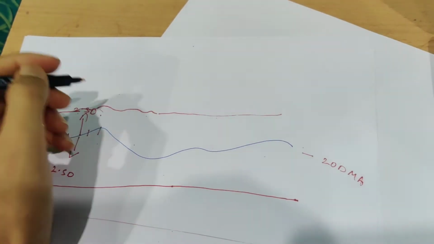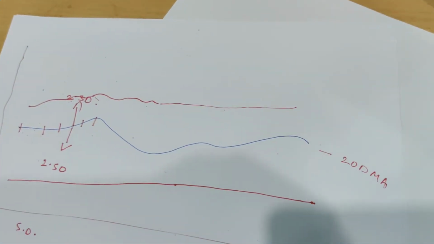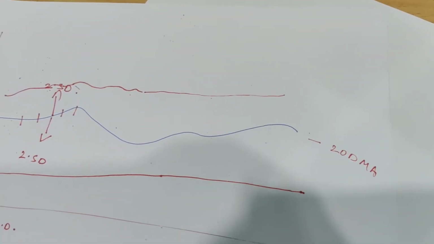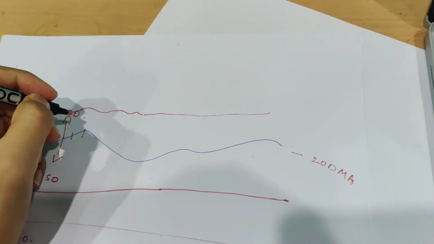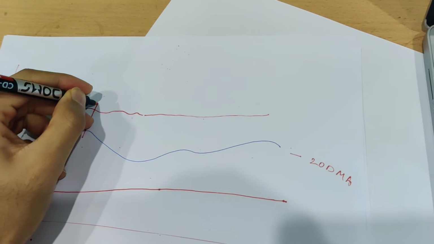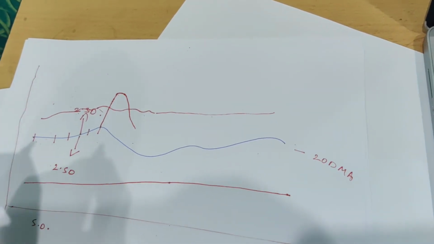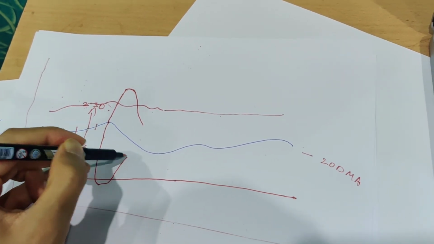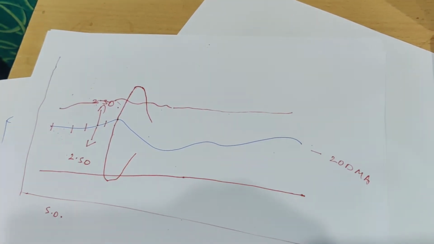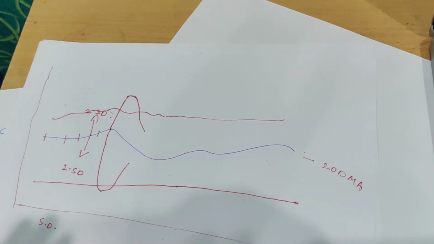What is the importance of this 20-day moving average is that there is a general consensus that price always sticks to it. On any time frame, if you look at any stock or any index, whenever price goes beyond the 20-day moving average, after some point it will come back to the moving average, and if it is going below the moving average, after some time it will come back to the 20-day moving average before falling further or going back up again.